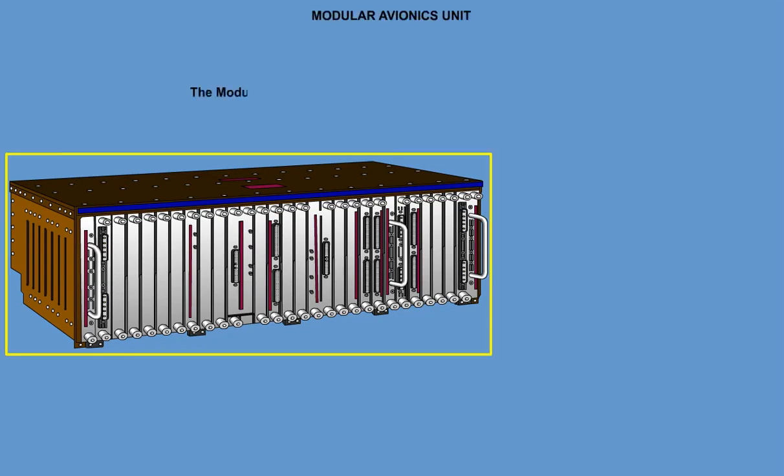The Modular Avionics Units, MAU, are cabinets that house modules assigned to different functions in an integrated architecture. The MAU houses avionics and non-avionics functions.